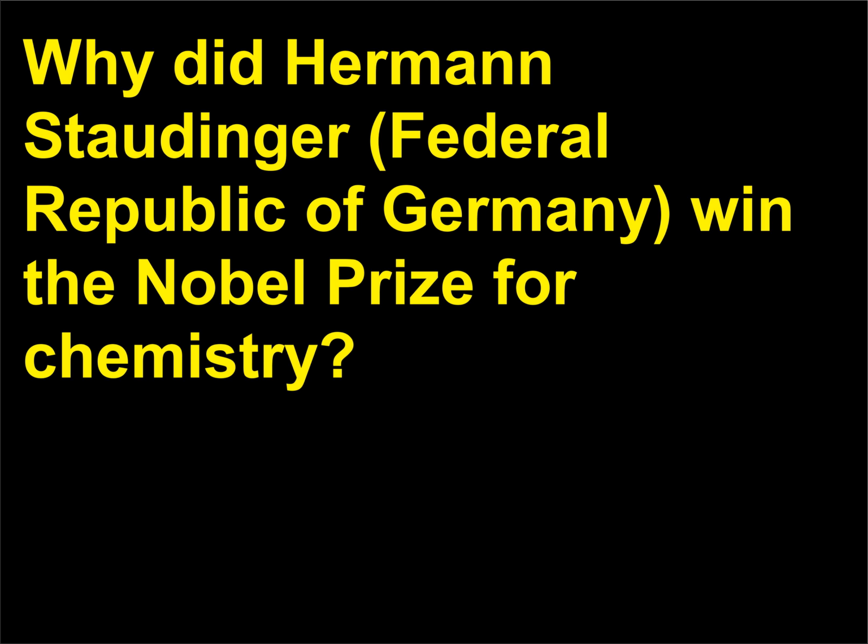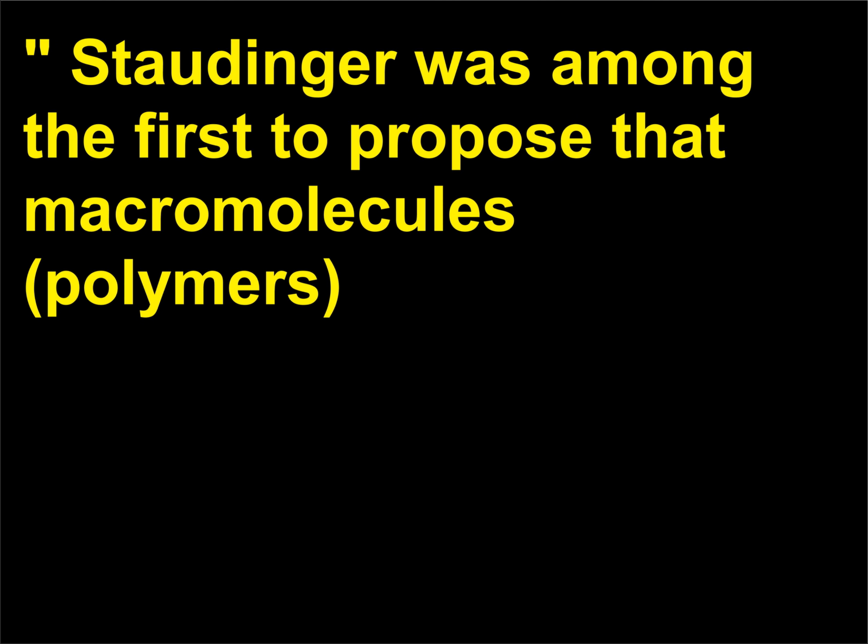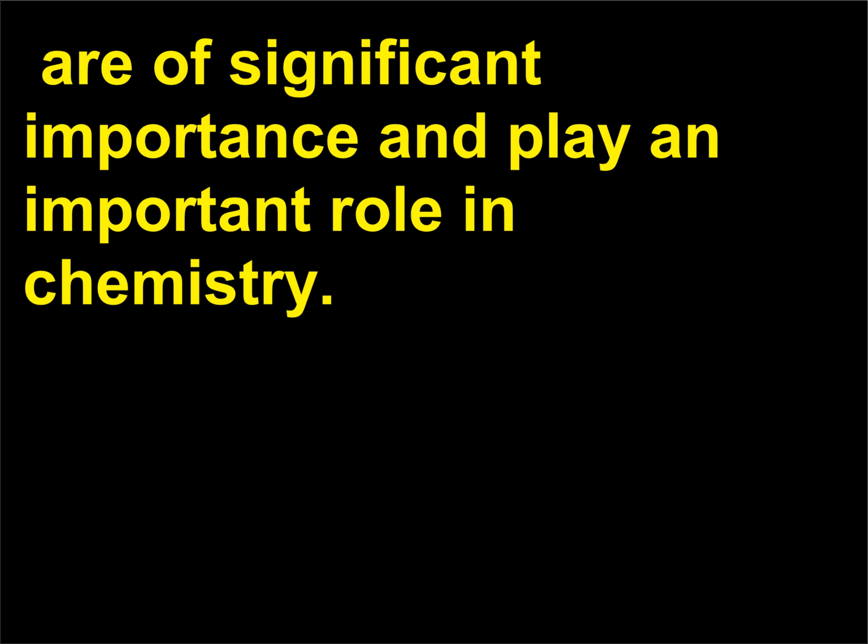Why did Hermann Staudinger, Federal Republic of Germany, win the Nobel Prize for Chemistry? For his discoveries in the field of macromolecular chemistry. Staudinger was among the first to propose that macromolecules, polymers, are of significant importance and play an important role in chemistry.